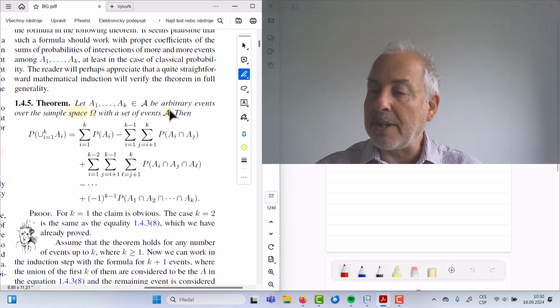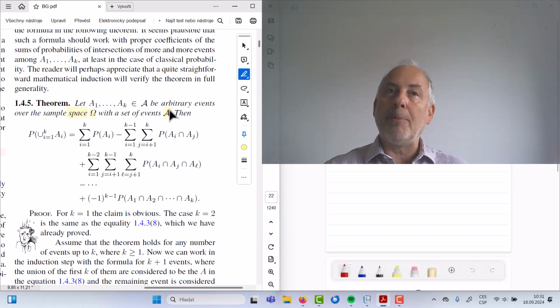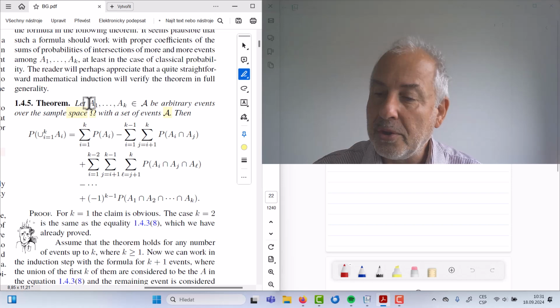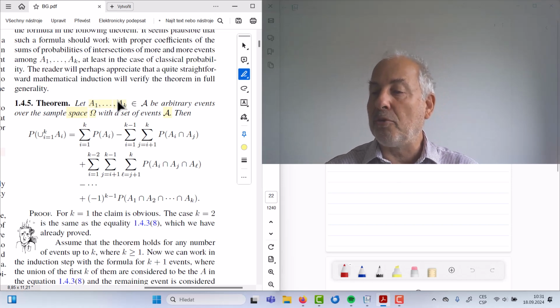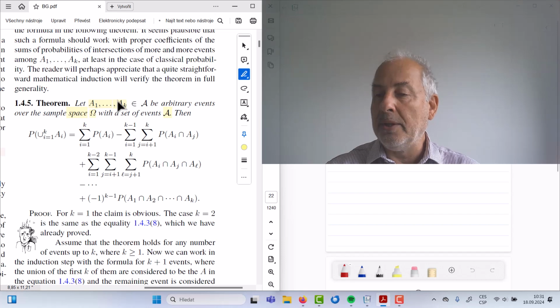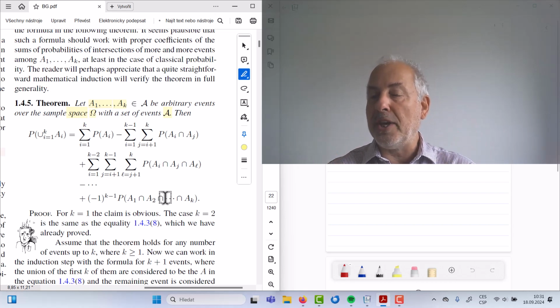You fix some set of events, so it's not necessarily all the subsets, and you pick up k subsets in the set of events, so those who have got a probability. And then here the formula simply generalizes in a straightforward way what we saw by our toy model expectation in the case of k equals 3.